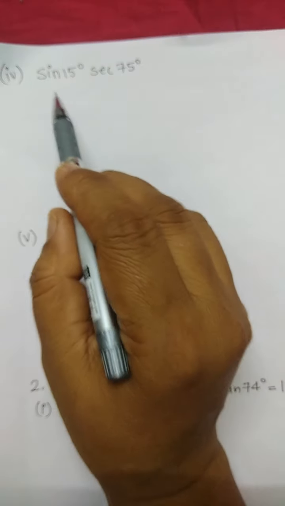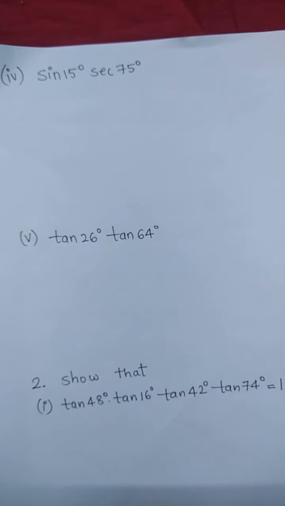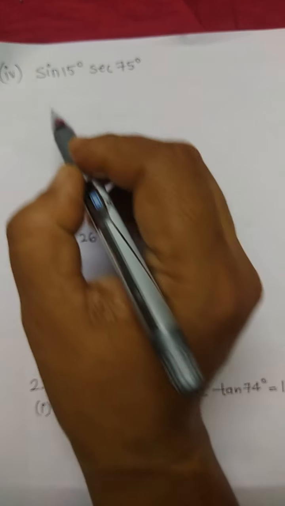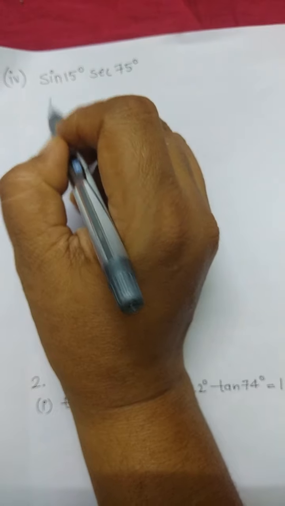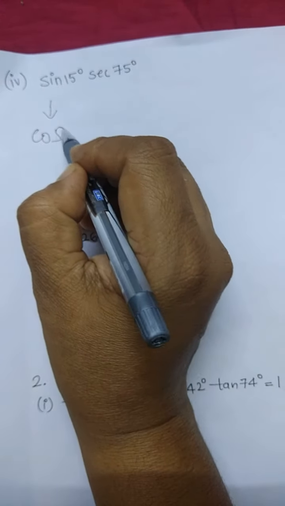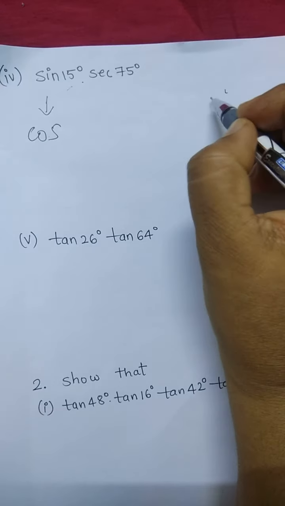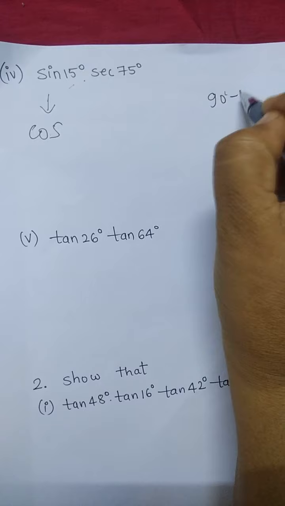See this fourth one. Sine 15 degree into sec 75 degree. Sine's complementary ratio is cos. And 15's complementary angle? How to find complementary angle of 15? 90 minus 15.